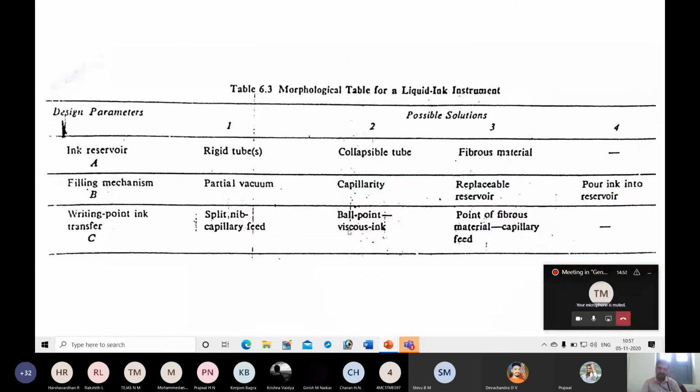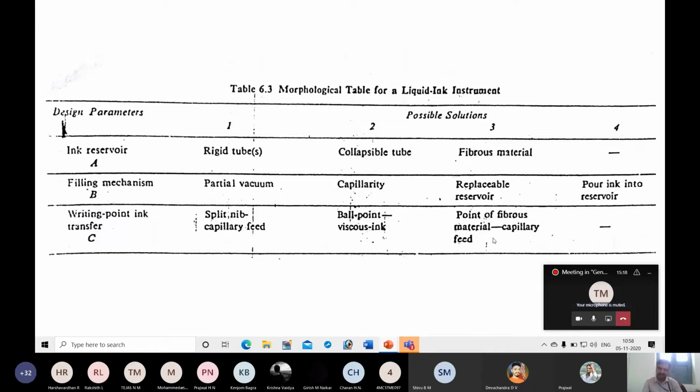Next, ballpoint viscous ink. In most of the ballpoint pens, the nib will be based on this ballpoint viscous. Point of fibrous material capillary feed, which is the example for this? Sketch pen. If you look at the material of the nib in a sketch pen, that is not metallic, that is fibrous material.